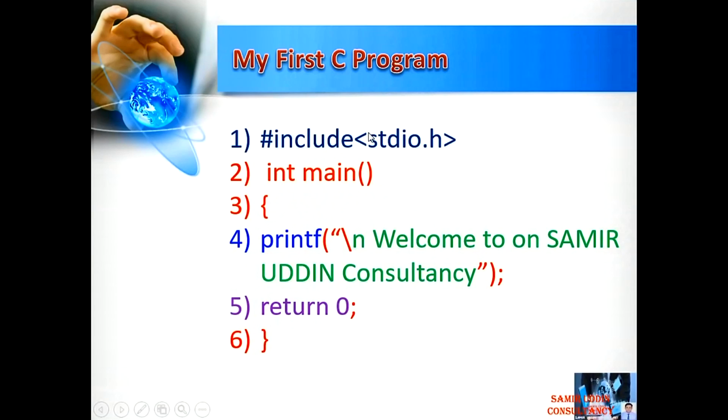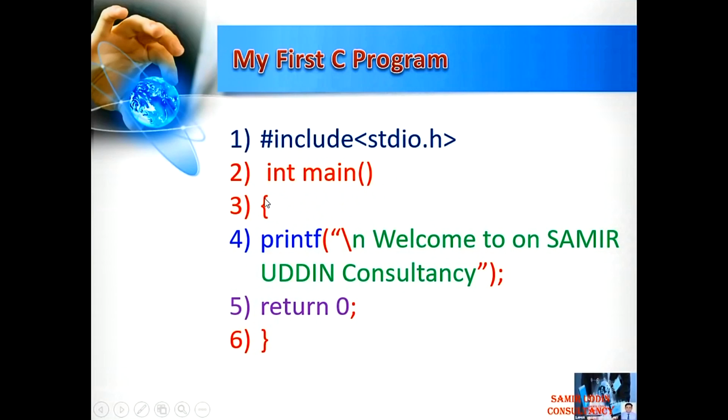Next one is int main. Main returns the data type of integer, so it returns an integer value from the main function.